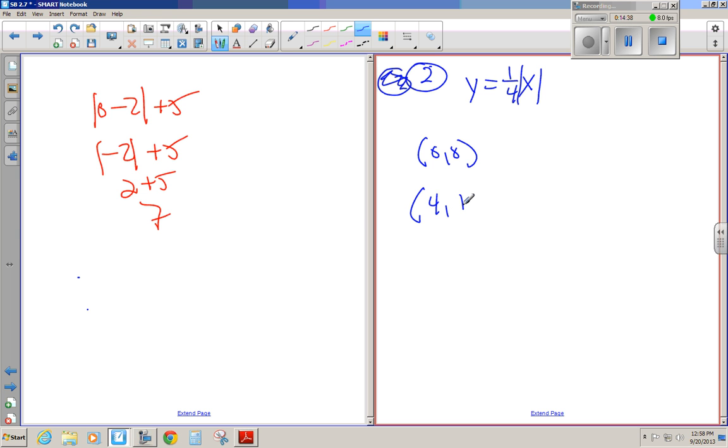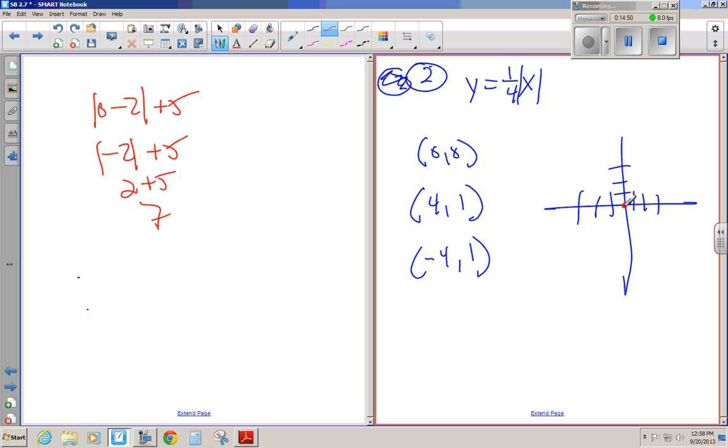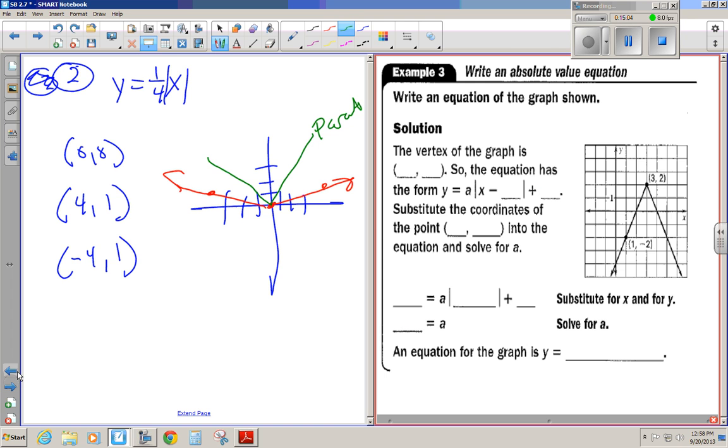The second point would be 4, 1, which means a reflected point would be negative 4, 1. So 0, 0, 4, 1, negative 4, 1. You can definitely see that this is wider than its parent function. It would look like this. All right.